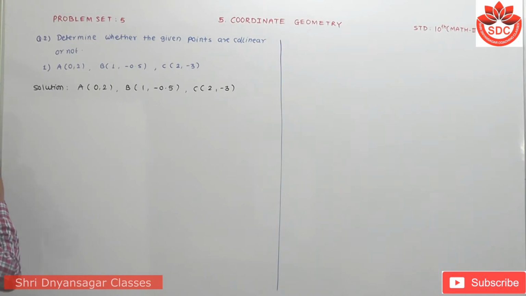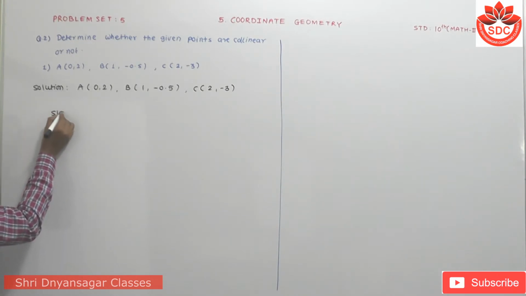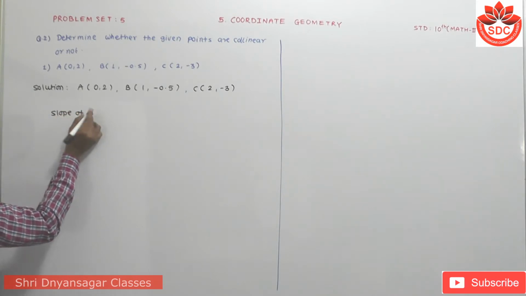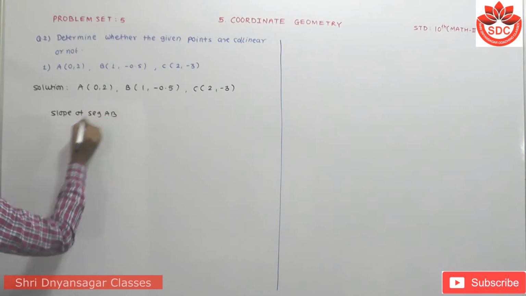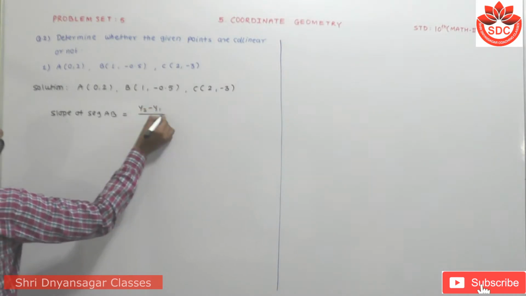Students, here we use the slope of the line. The formula for the slope of any line; here we take the slope of segment AB, which equals (y2 minus y1) upon (x2 minus x1).